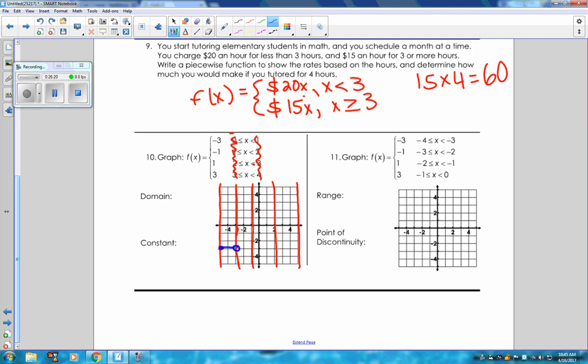For my next restriction, I have the line -1. So on -3, -1, do I have an open or closed circle? Closed. Open or closed? Open or closed? Then?